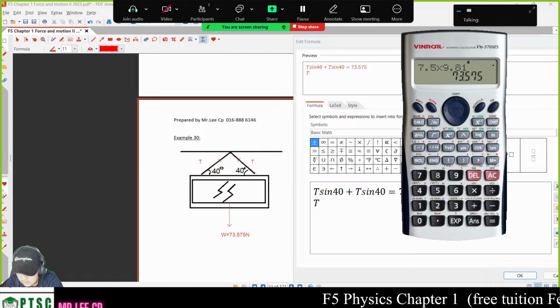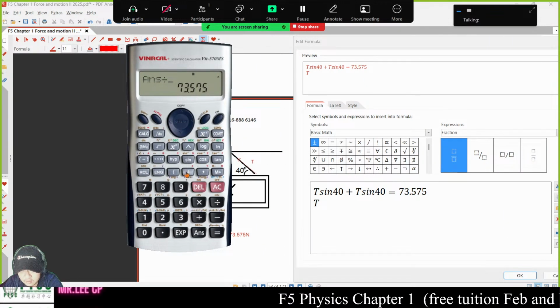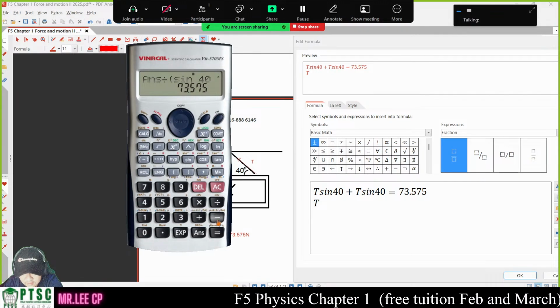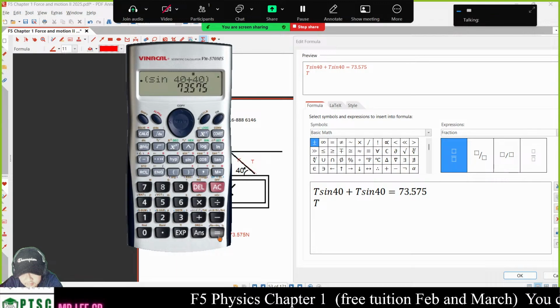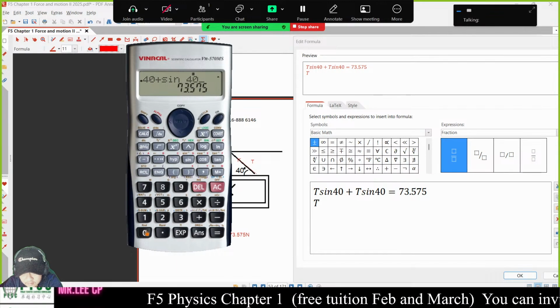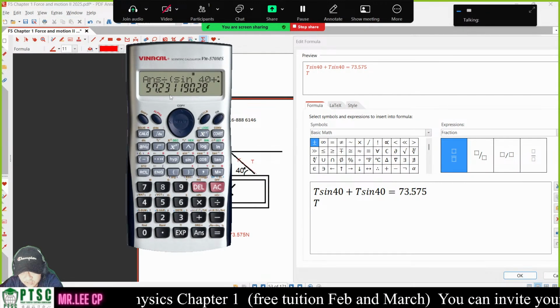So sine 40 plus sine 40 is, right, T is 73.575 divided by sine 40 plus sine 40, right? Okay, so I'll get 57.23.